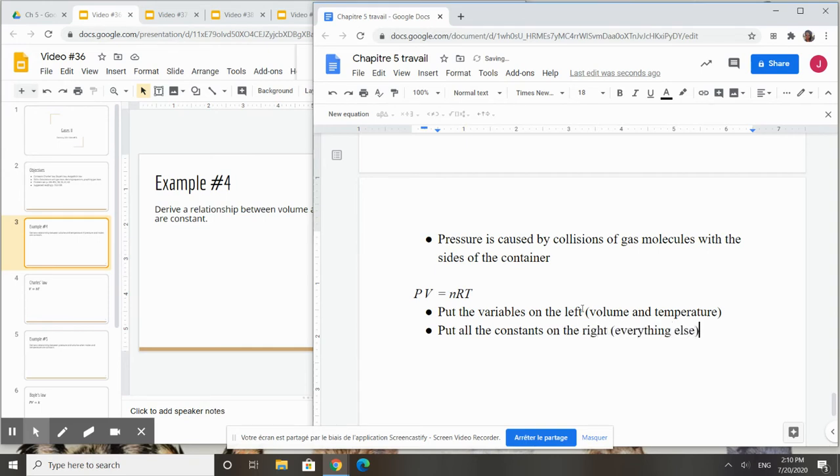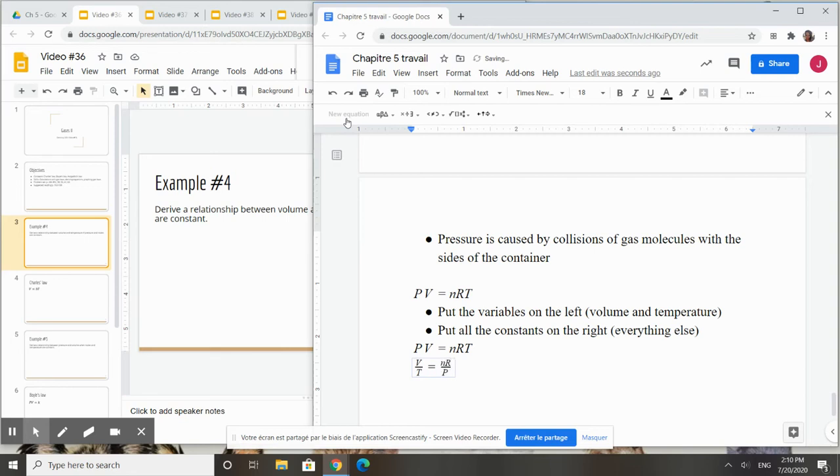I only want volume and temperature on my left, so I end up with V over T is equal to nR over P.